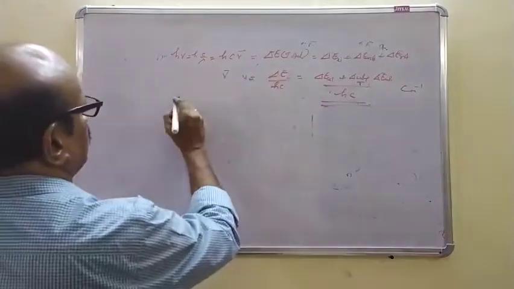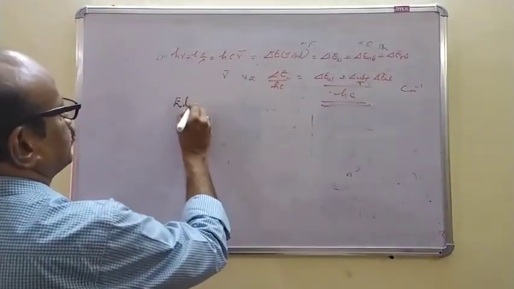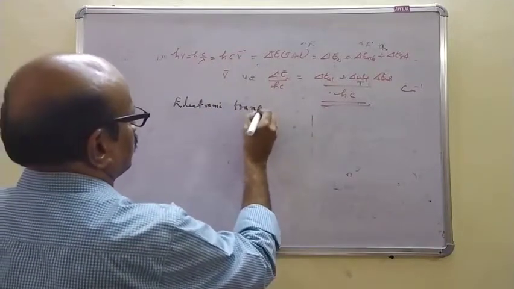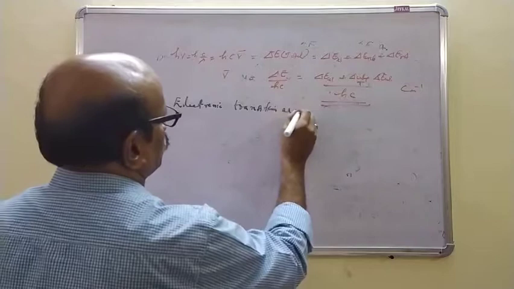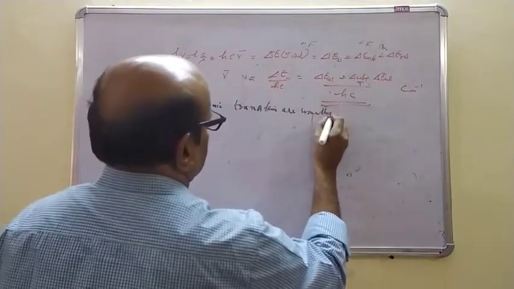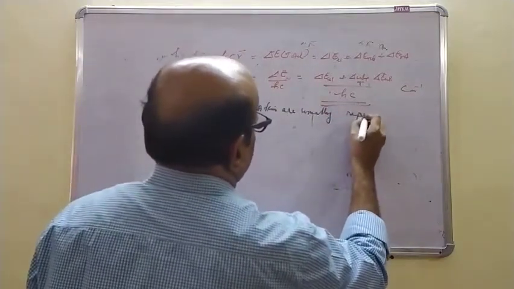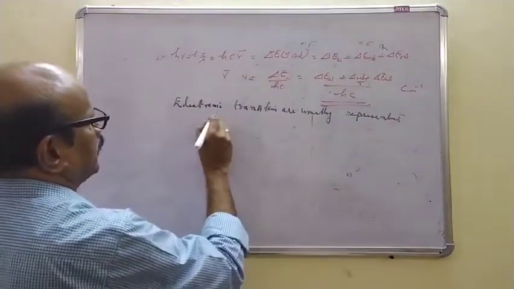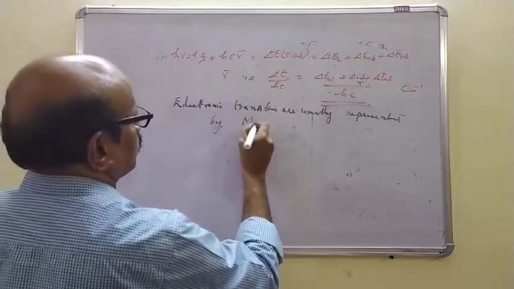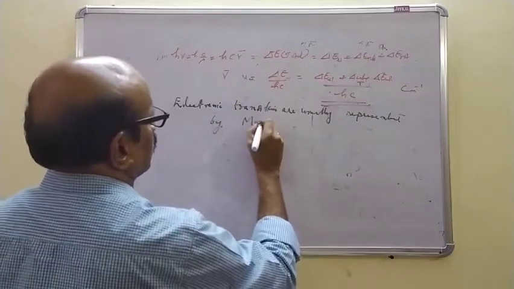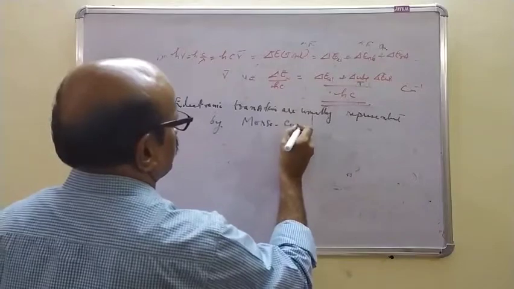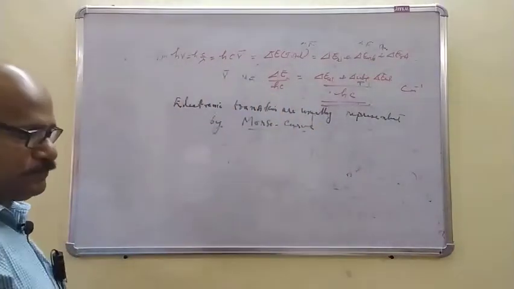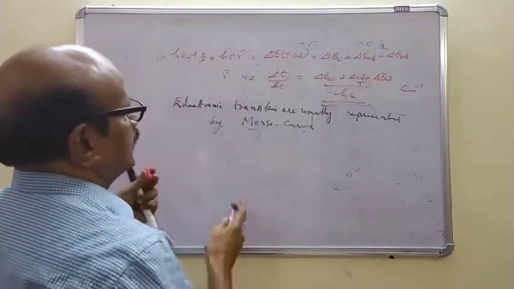So the electronic transitions are usually represented pictorially by a Morse curve. That is how we represent it, the Morse curve.